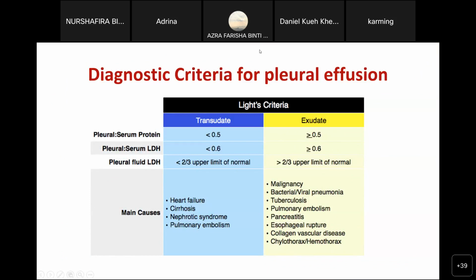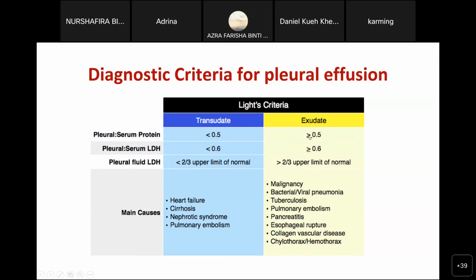Light's criteria is a criteria used to differentiate whether it is transudate or exudate. Basically, if the ratio of pleural to serum protein is less than 0.5, which is low, it is considered transudate.